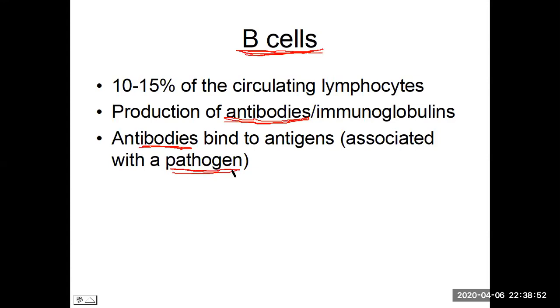Depending on what we're exposed to, what we're infected with, we can adapt and develop distinct antibodies to try to target that infection. And again, the antibodies themselves are another key part of our immune system. These antibodies are produced by the B cells and could circulate through our blood to target infected tissues.